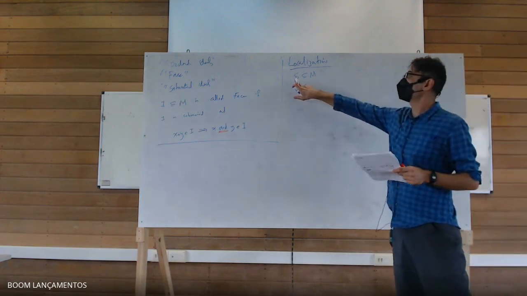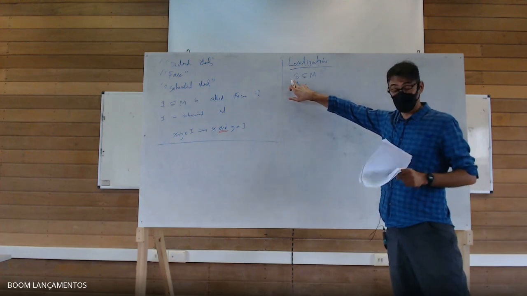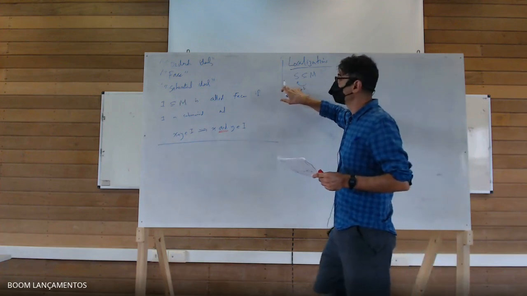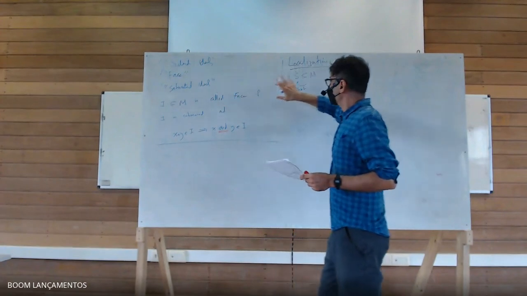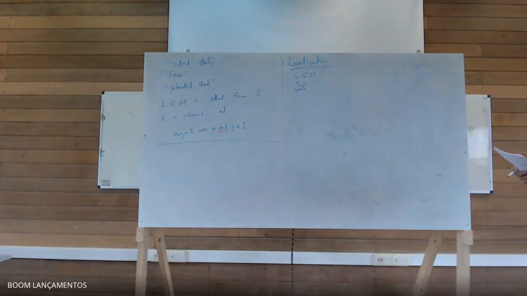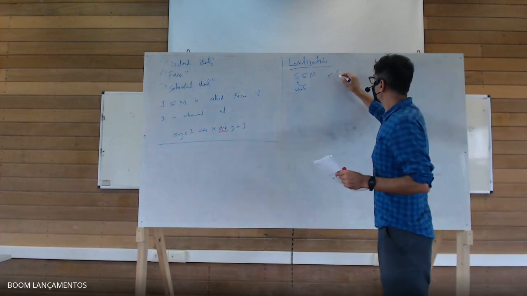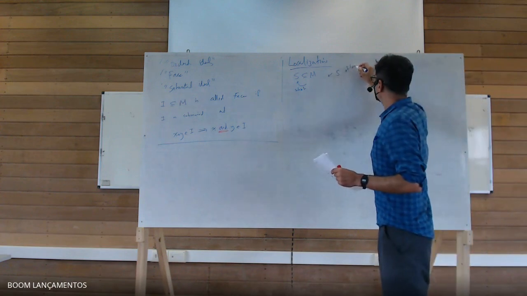I think at least it has to be a submonoid, but maybe it even has to be an ordered ideal. You'll see in a second, it's not very difficult to figure out. So I say here, S has to be at least a submonoid.